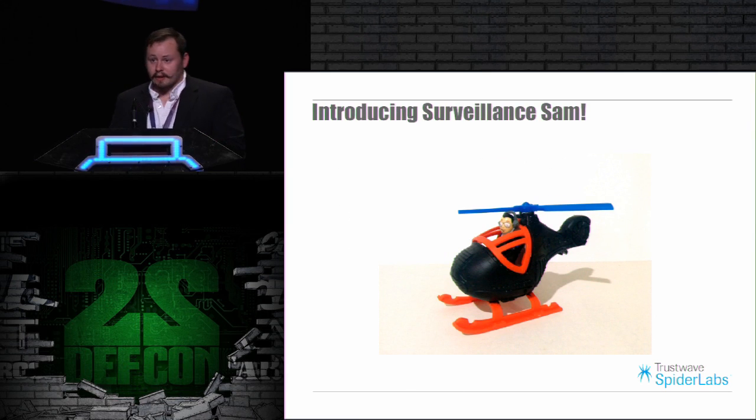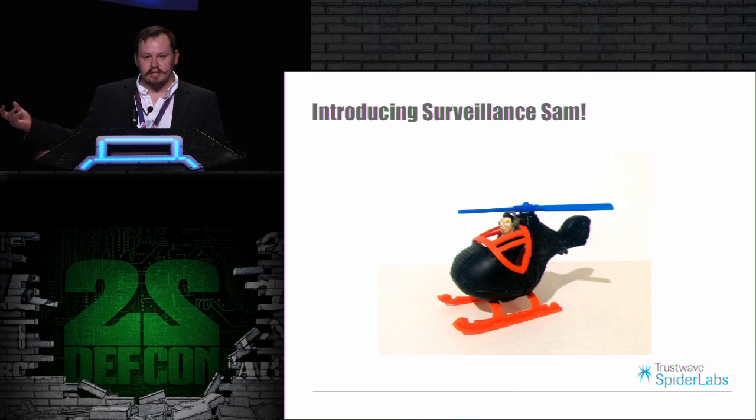So this is what I promised earlier. I'm introducing a character called Surveillance Sam. This character is helping me avoid showing secret documents during the talk. It's also because when I thought about how to show images that I don't own the copyright for, because they're part of top secret documents, I didn't know if I could call the NSA and say, hey, can I use these in my slides?